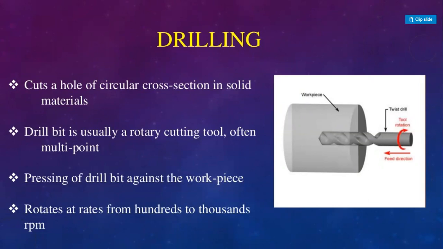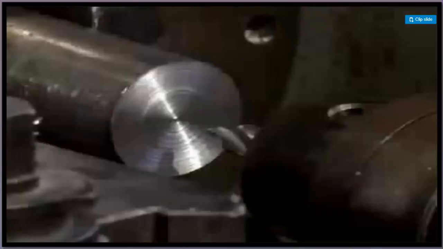To do drilling operations, we have to take help of the tailstock. In the tailstock, we have to put a drilling attachment. Our job will rotate through the chuck, and we use the tailstock. Next is the actual picture of a drilling operation.